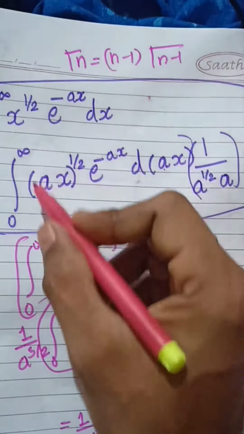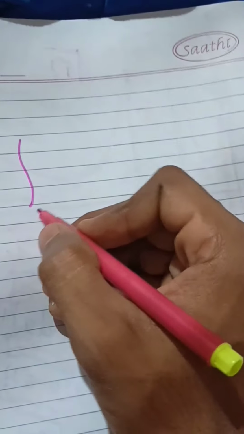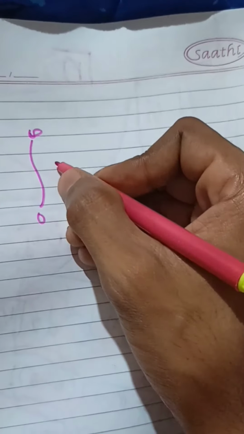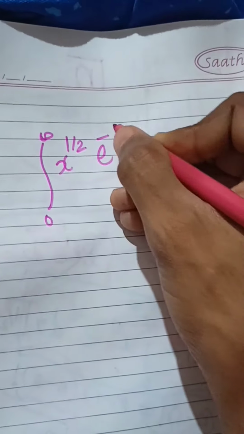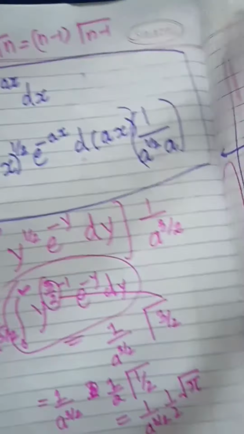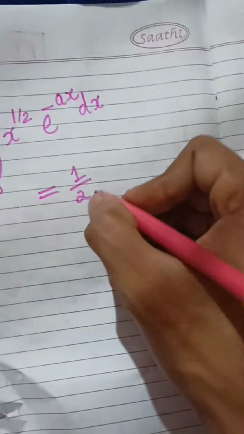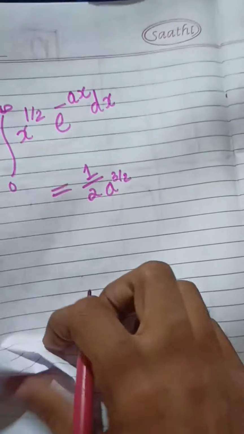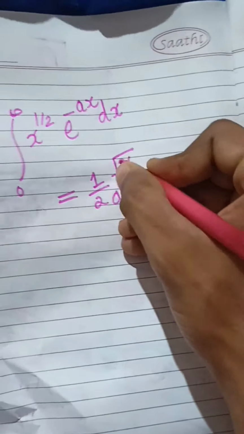So now we have this integral, integral 0 to infinity x to the power 1 by 2 e to the power minus ax dx, as 1 by 2 a to the power 3 by 2 root pi.